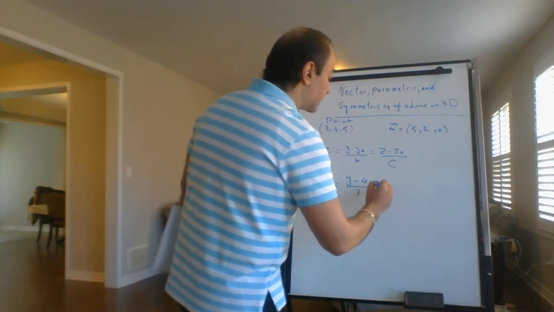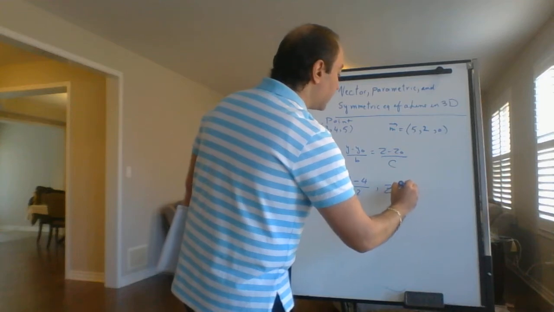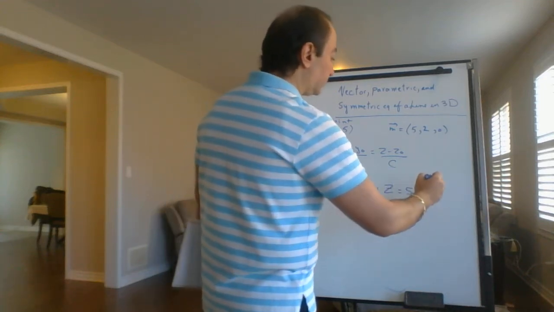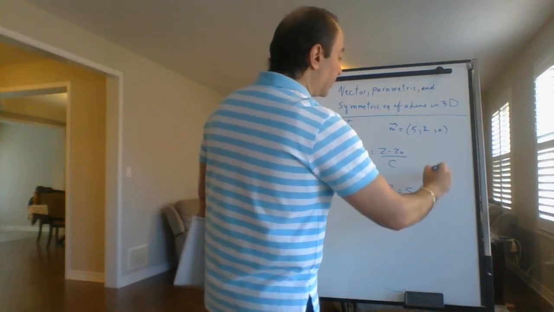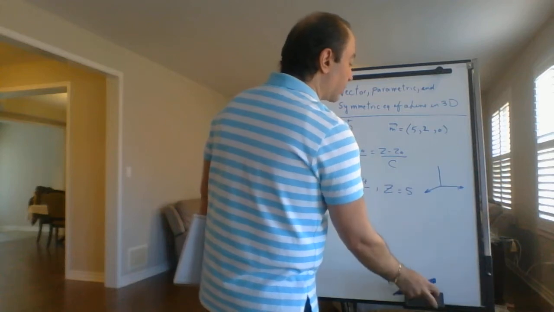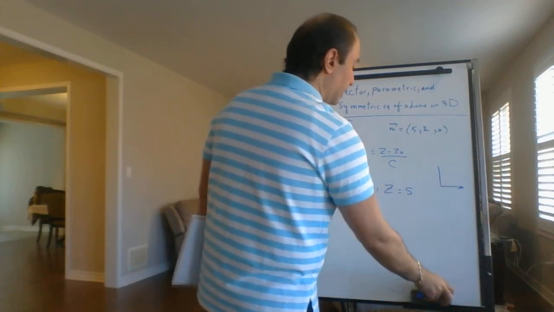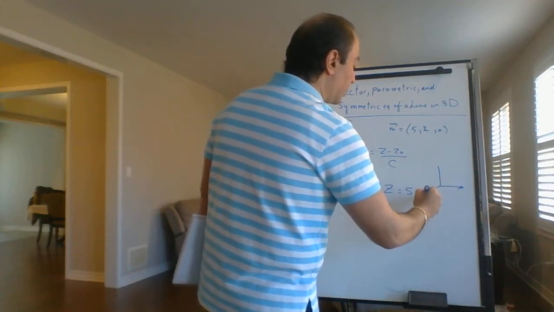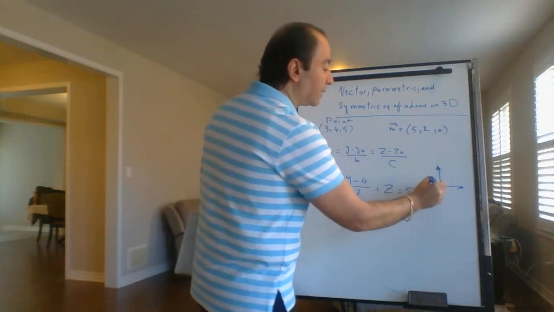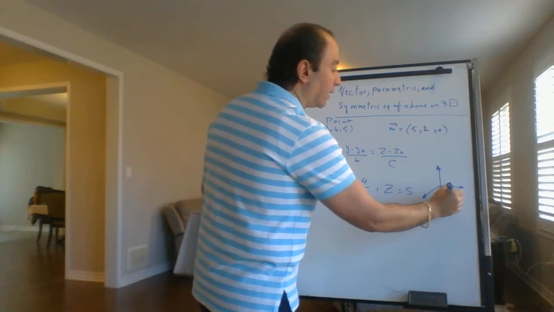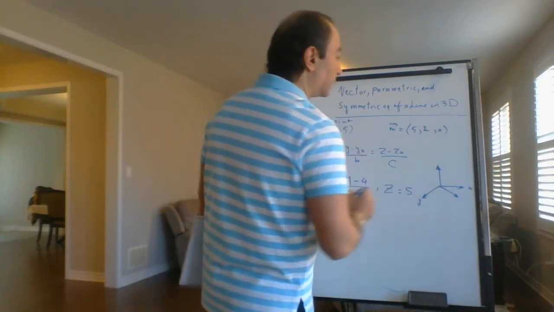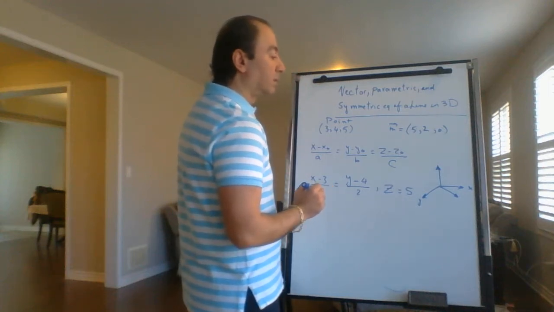I write that z will always be 5 in this case. I will explain why. When I have a direction vector that has z component equal 0, that means the direction vector is in the floor, in the xy plane, right?